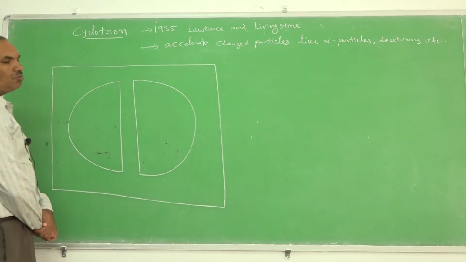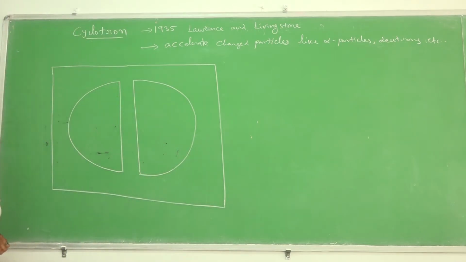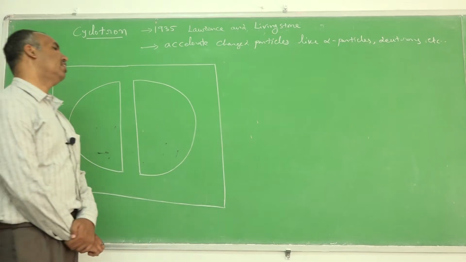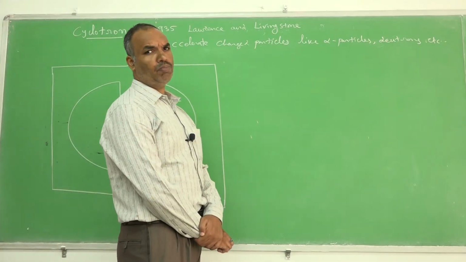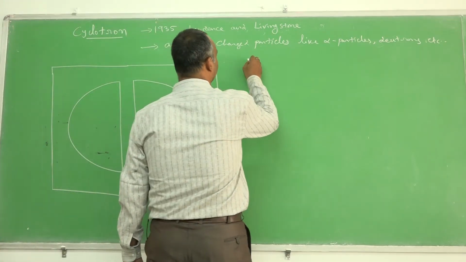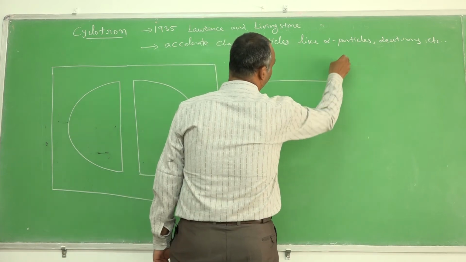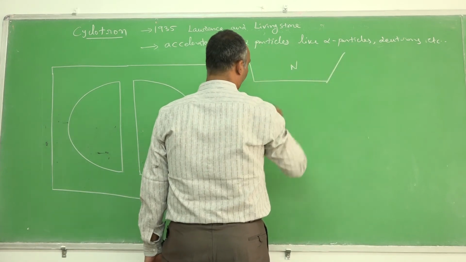This entire arrangement is kept horizontally between strong magnetic poles. Very huge magnetic poles are available like this. This is the North Pole, this is the South Pole.